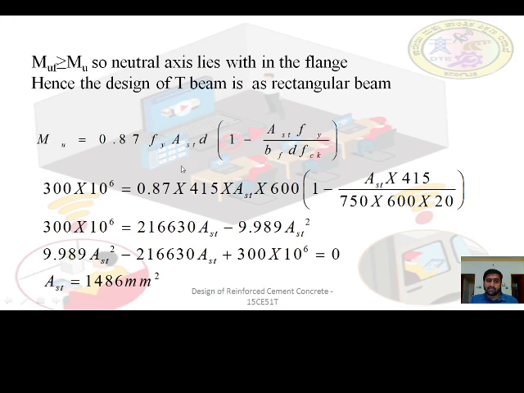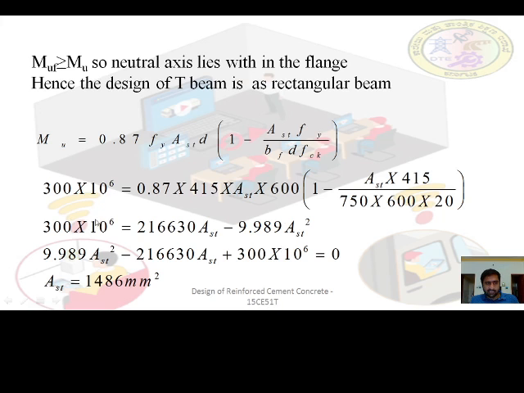So 0.87 fy is 415. AST, the area of the steel, we don't know, into 600 multiplied by this term. If I solve and multiply, I will get 216630 AST minus 9.989 AST square. So this is a quadratic equation. I will rearrange this equation.